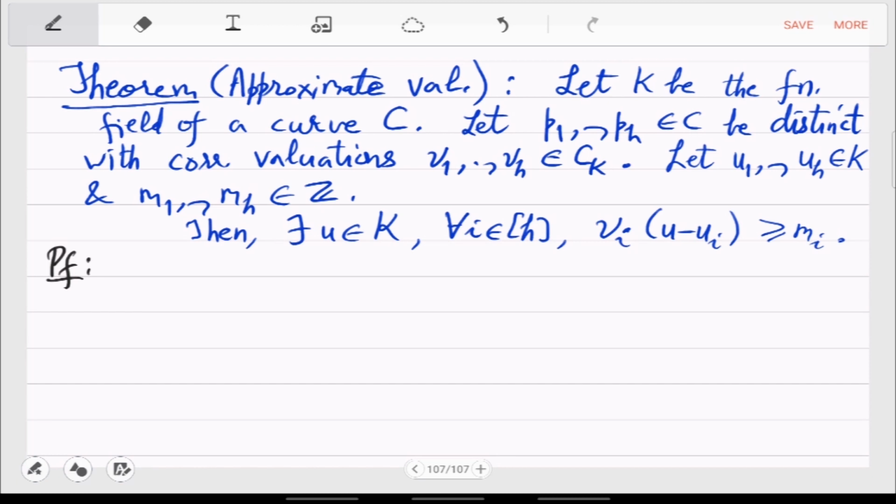There is no reason why that should happen, because the curve is also arbitrary. So this is a very general statement. You can't really see this from geometry. It's a purely algebraic fact. So we'll prove this in steps. We will prove this by induction on h.